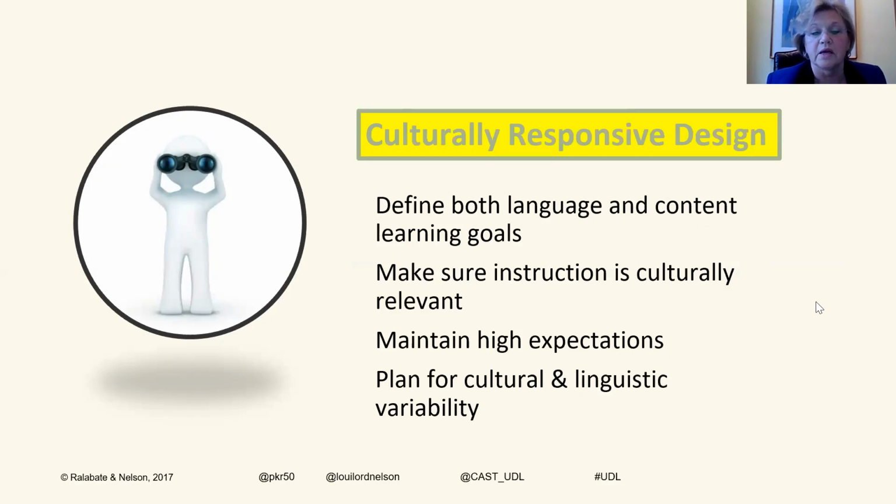Don't lower your standards because some of them are struggling. What you should be doing is supporting them so that they can meet those expectations. And then make sure you plan for that variability using UDL and using the 7 principles that we've identified through Brown University's work of culturally responsive teaching.